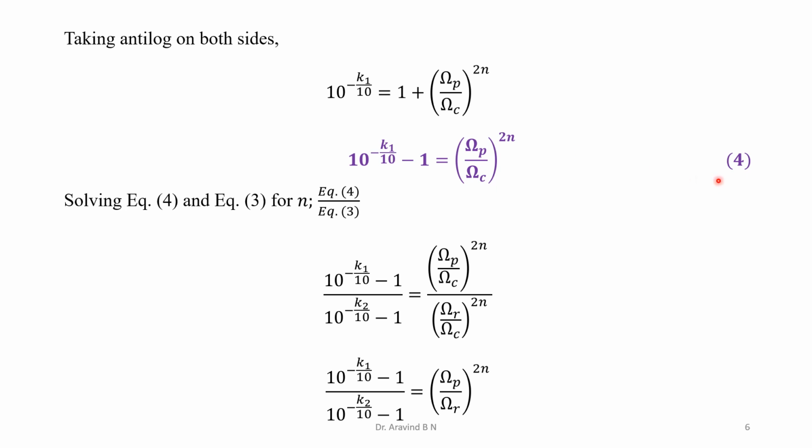Now make use of equation 3 as well as equation 4 to obtain the expression for the order of the filter. That is, we divide equation 4 by equation 3. On the left hand side, the numerator belongs to equation 4 and the denominator belongs to equation 3, and similarly on the right hand side. On the right hand side, omega c is a common factor in both, so this omega c cancels and the remaining is written here.